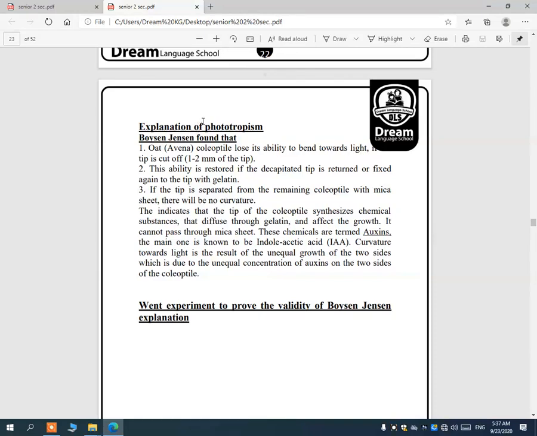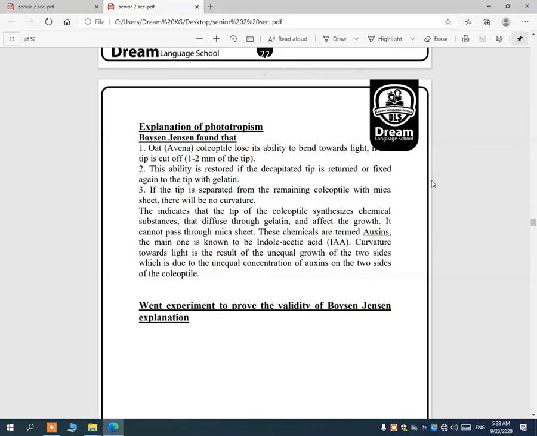An explanation of phototropism. Boysen-Jensen found that an Avena coleoptile loses its ability to bend toward the light if its tip is cut off, about 1 to 2 millimeters of the tip. This ability is restored if the decapitated tip is fixed again to the coleoptile with gelatin.